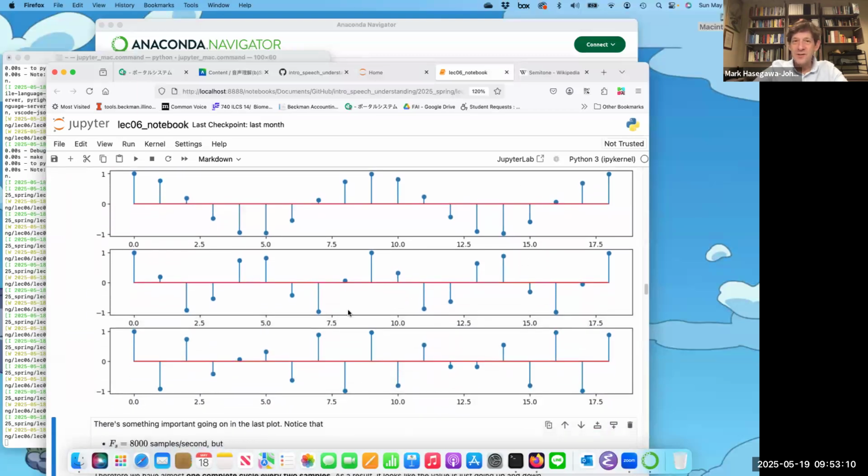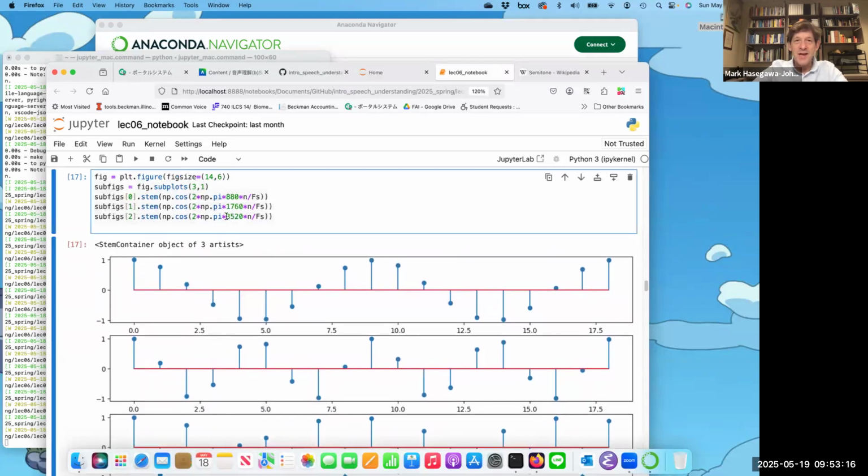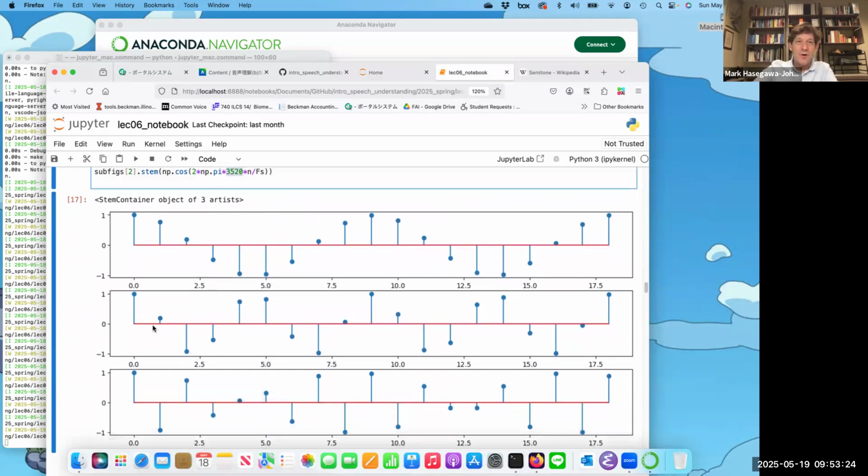And the reason that they're hard to see is because we actually only have 2 samples per cycle, right? We have 8,000 samples per second and 3,500 cycles per second. So we have almost 1 cycle every 2 samples. Here's 2 samples, 2 more samples. Now here's 3 samples, and then 2 samples, 2 samples, and then 3 samples again, and then 2 samples and 2 samples.